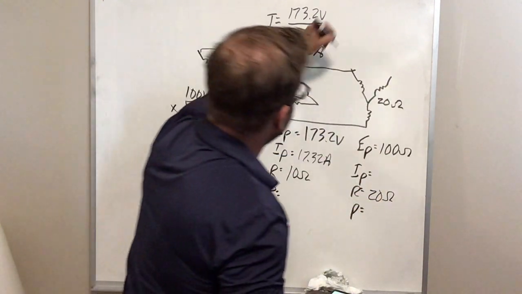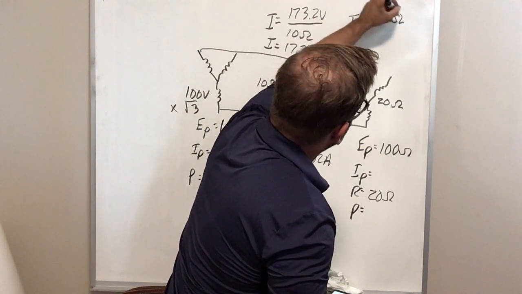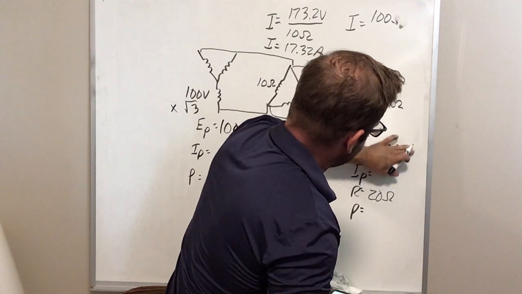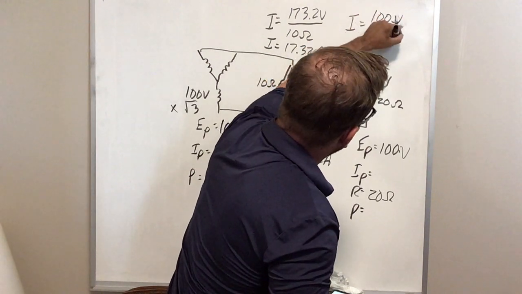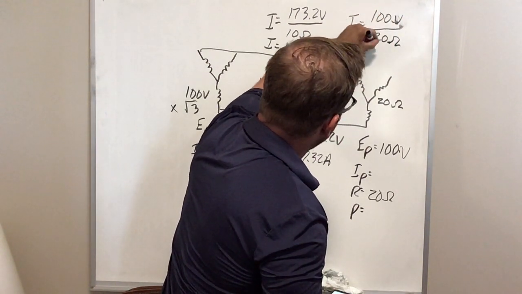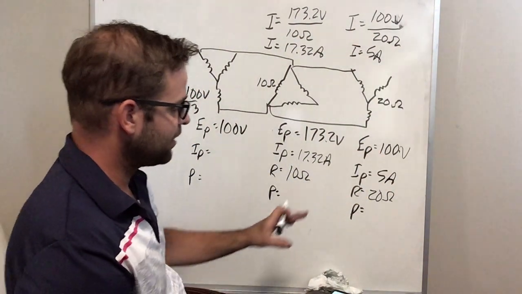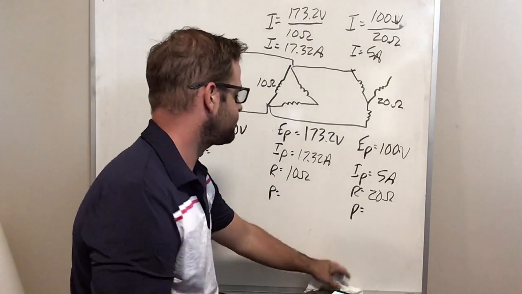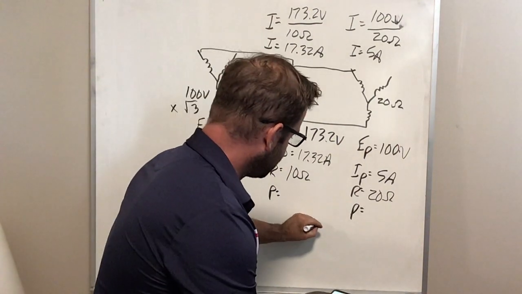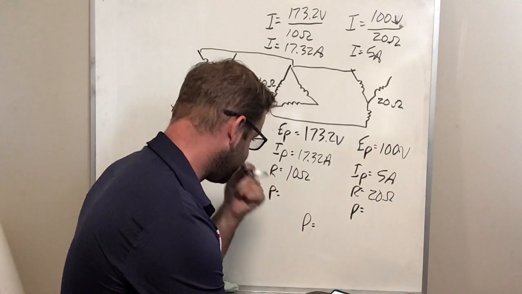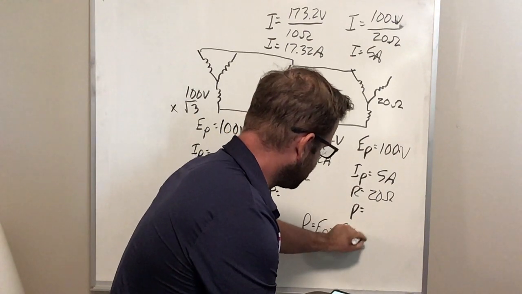If we do Ohm's law again, I is equal to 100 volts, sorry, there should be volts listed there, divided by 20 ohms, we get a current of 5 amps in Y. So if we calculate our total power for both of these, for this one here, we know that the formula for reactive power is E phase times I phase times 3.